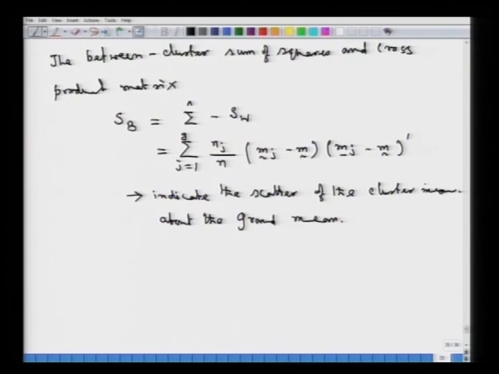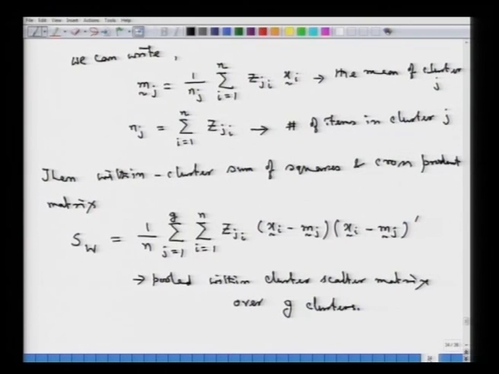This is of the cluster means, because we are looking at the deviation of this m j from m, the grand mean corresponding to all the clusters, and we are looking at how that is being deviated, right. So, this is what is termed the between cluster sum of squares and cross product matrix, and the previous one is what is called the within cluster sum of squares and cross product matrix.